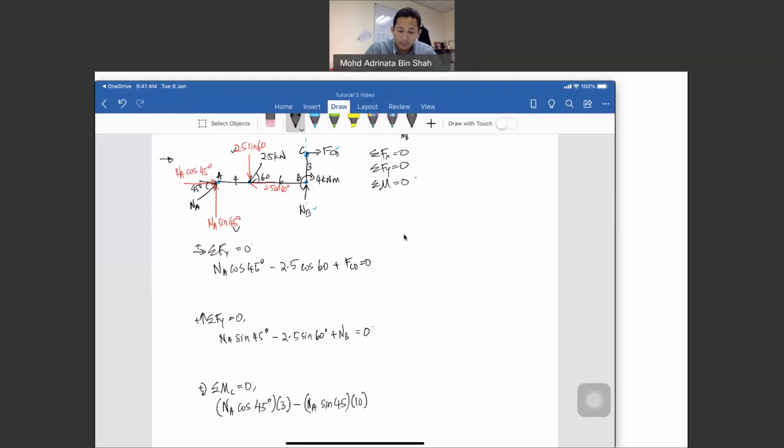Then we have 2.5 sine 60 times 6 minus 2.5 cosine 60 times 3 minus 4 moment. This is 4. Don't forget, equals to 0.